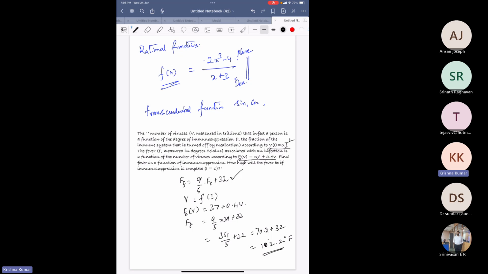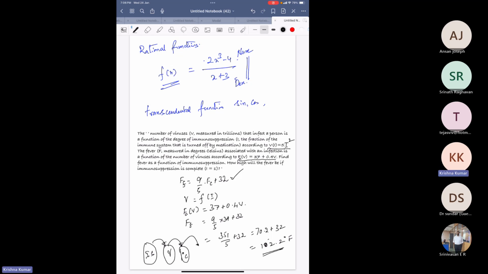If you really look at it, there are 3 things in this. One, we have the immunosuppression, let me call that IS. From there, we go to the virus, the number of viruses. From there, we go to the fever in degree centigrade.